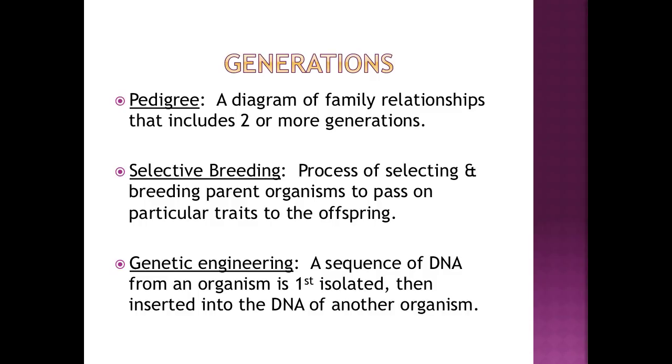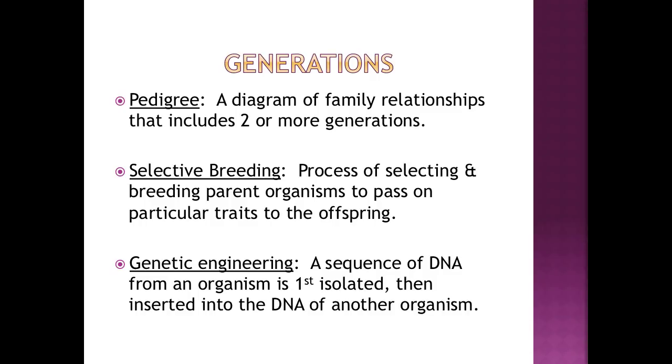A pedigree chart, or a pedigree, is a diagram of family relationships that includes two or more generations. Selective breeding is the process of selecting and breeding parent organisms to pass on particular traits to the offspring. And remember, offspring means children, kids.